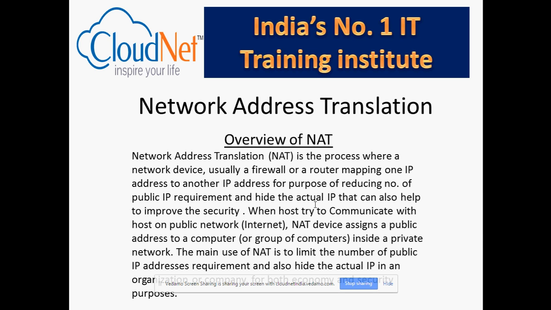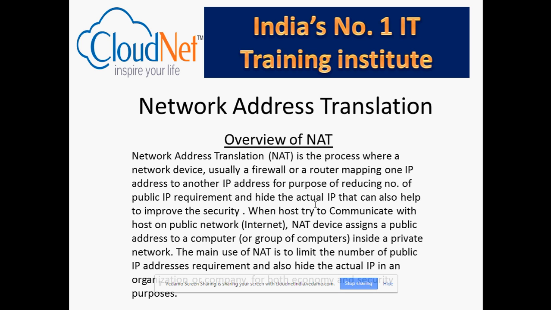Typically when our device connects to the public internet, it requires a public IP address. Without a public IP address, our device will not be able to communicate with devices situated on the public internet.